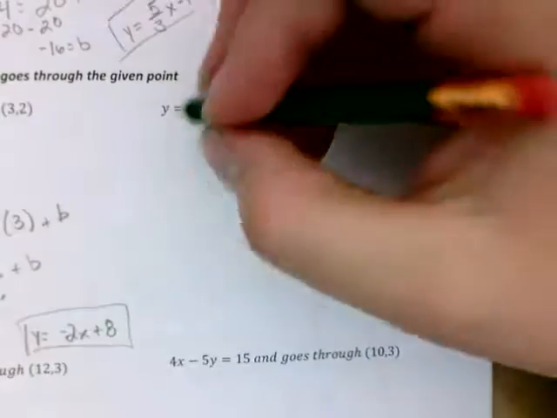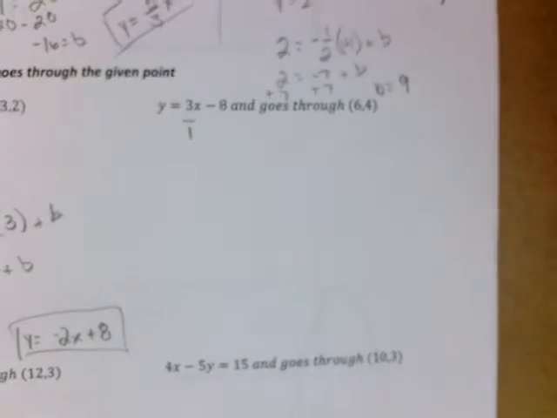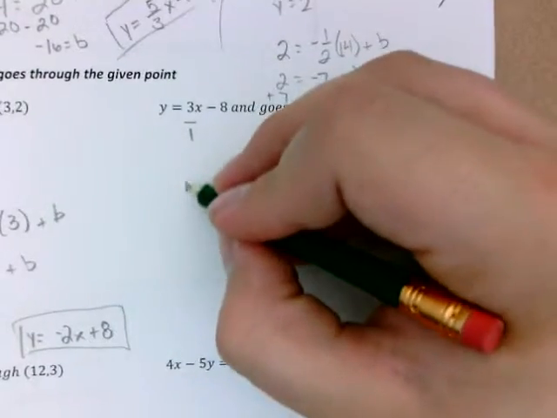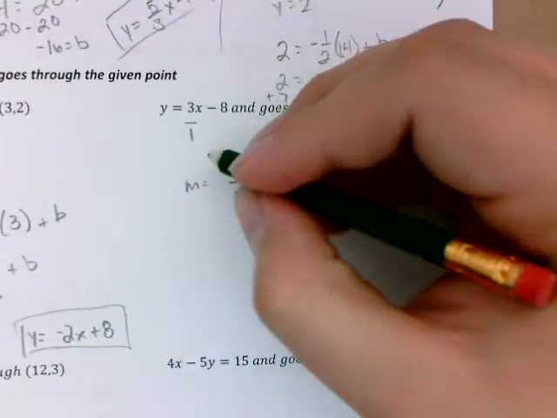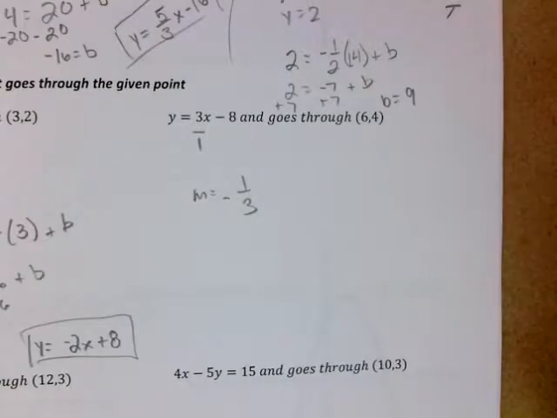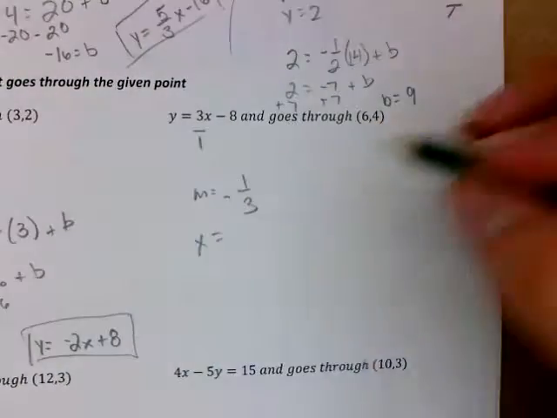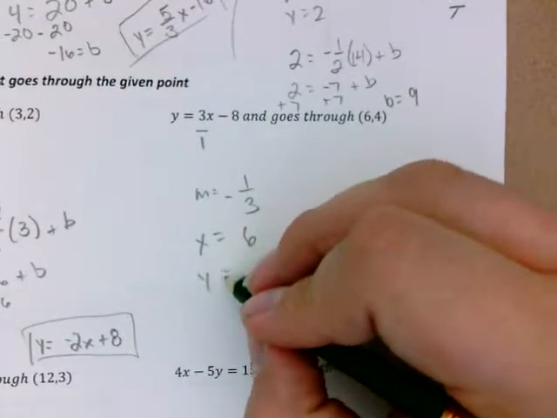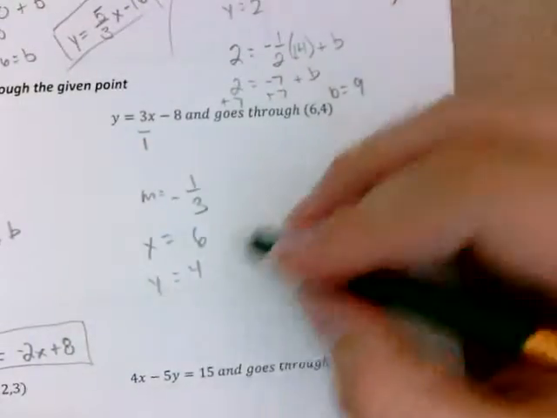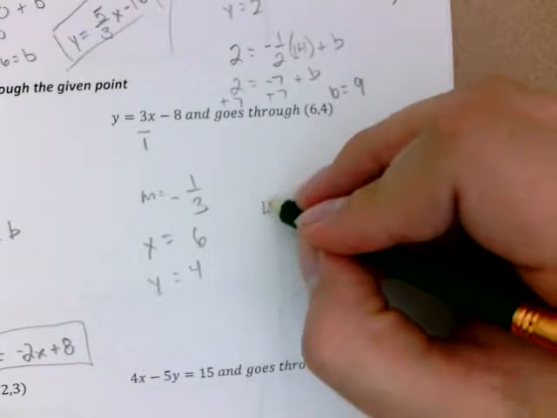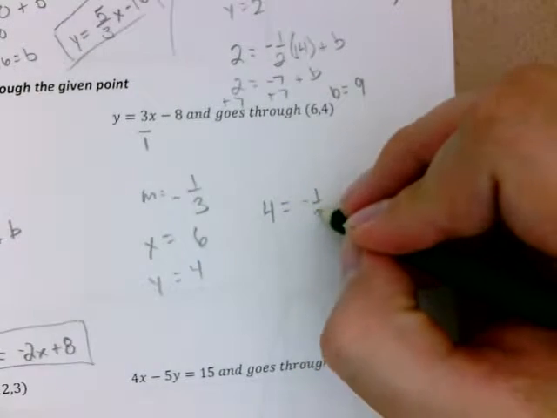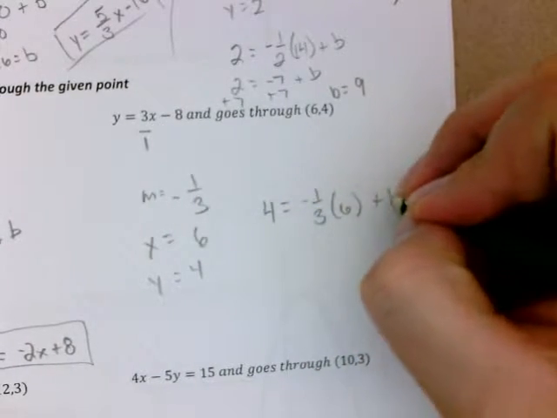Next one, once again, we got 3 over 1. Okay, so let's flip the fraction. M equals 1 over 3. Let's change the sign, becomes negative 1 over 3. The x is 6, the y is 4. So, this becomes 4 equals negative 1/3 times 6 plus b.